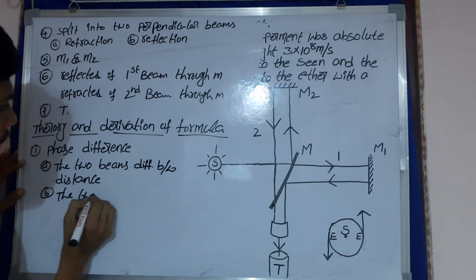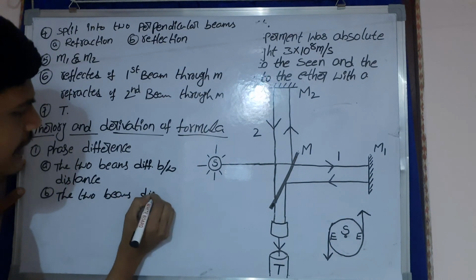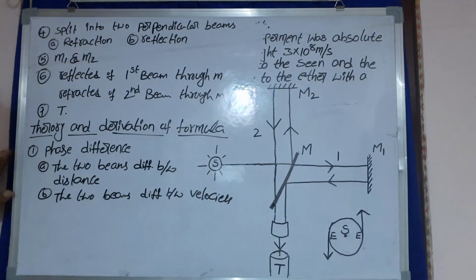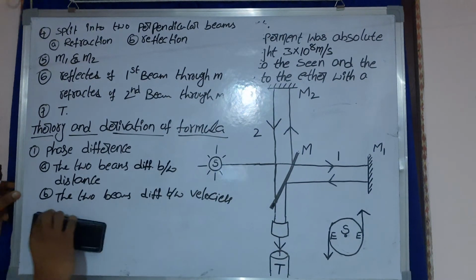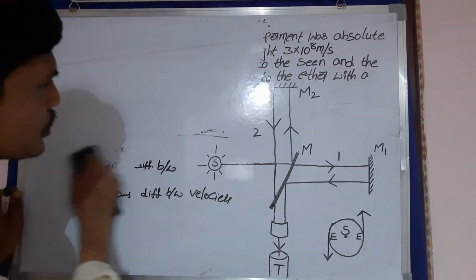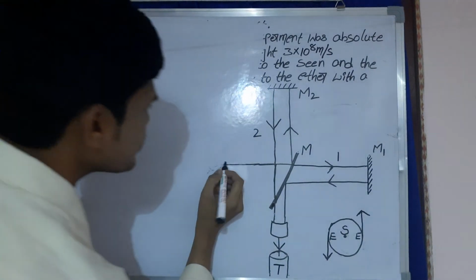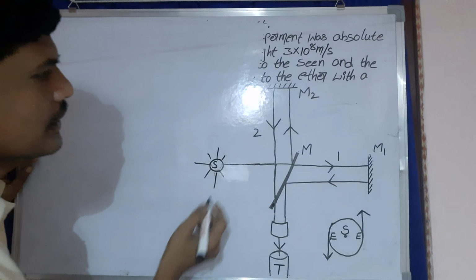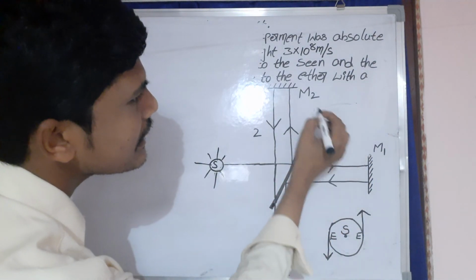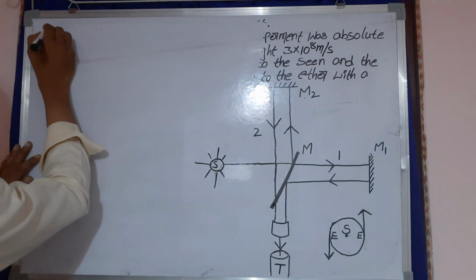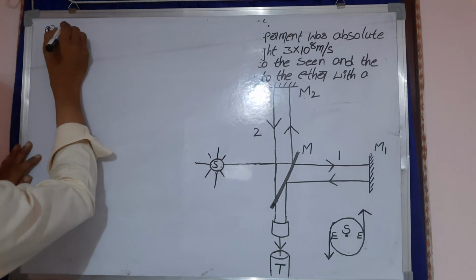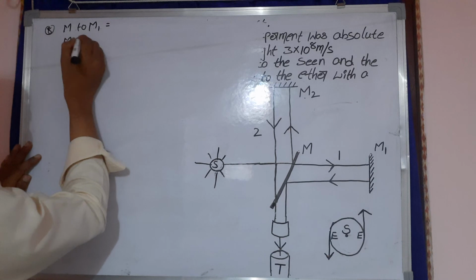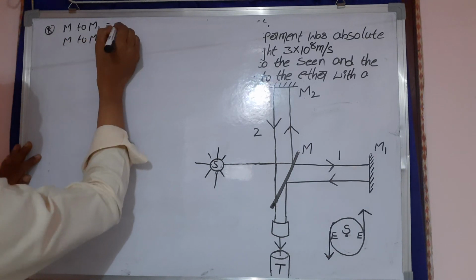The two beams travel to M1 and M2 the same distance, so the distance M2 to M1 is equal, the same distance L.